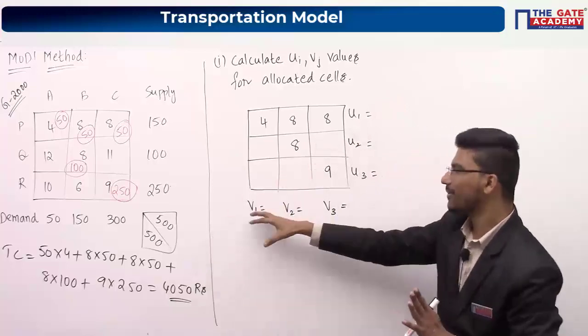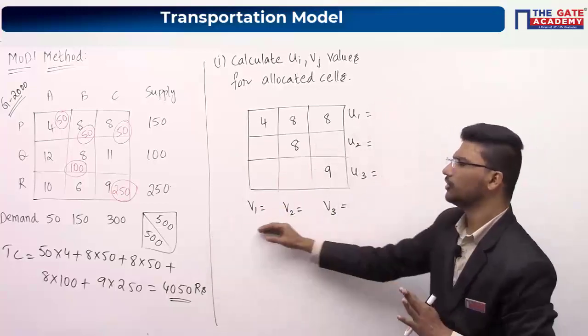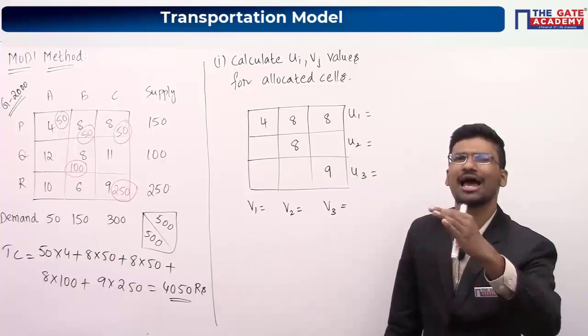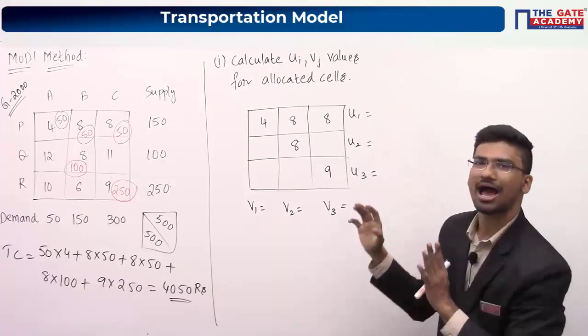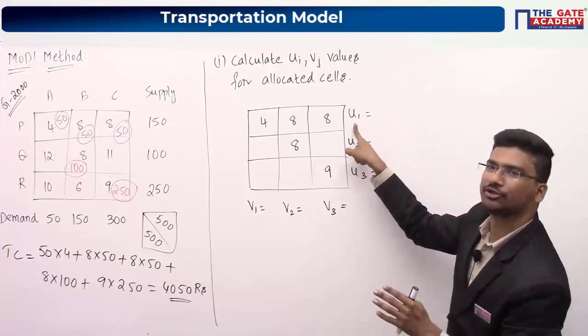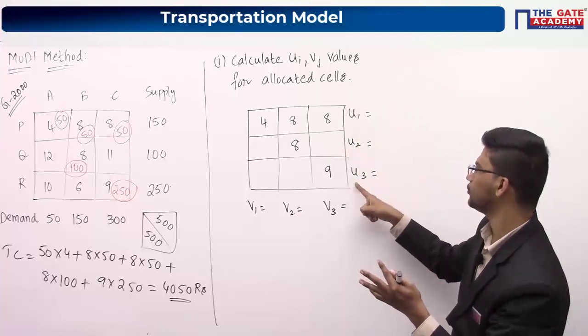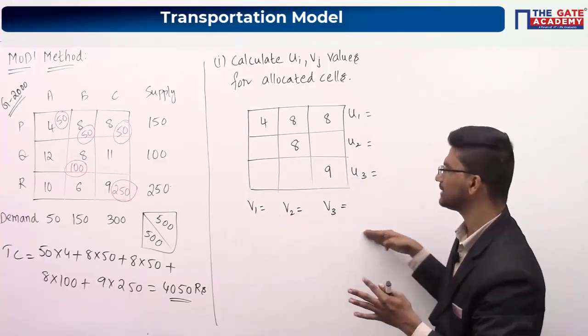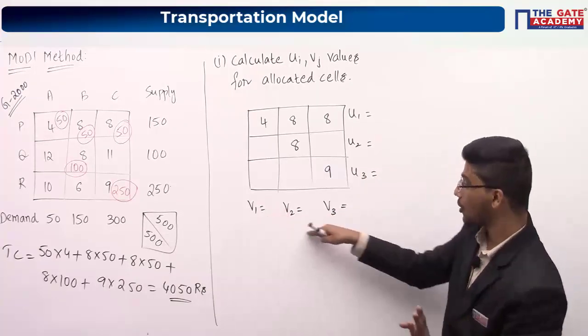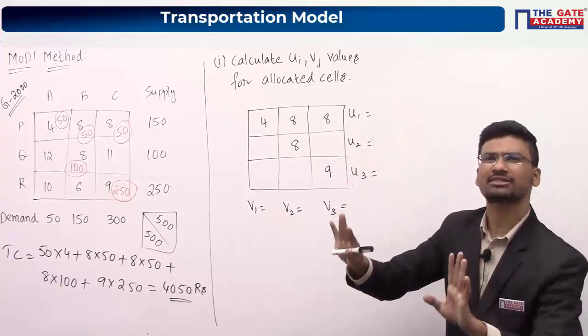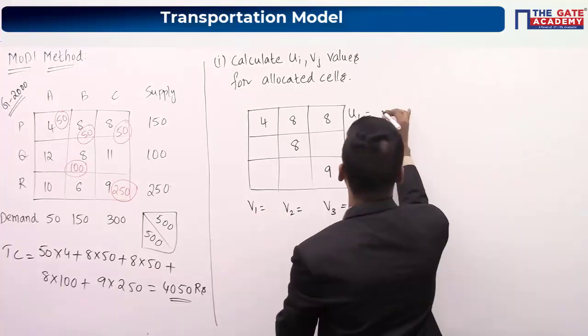Among these variables, you can assume any variable as 0. Maybe you can take U1 as 0, U2 as 0, or U3 as 0. Among these 3 variables, you can take any one as 0. I am just assuming the U1 value as 0.